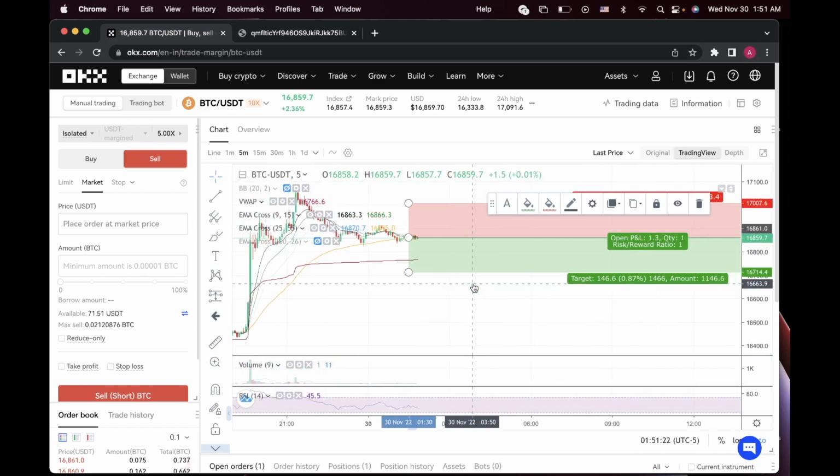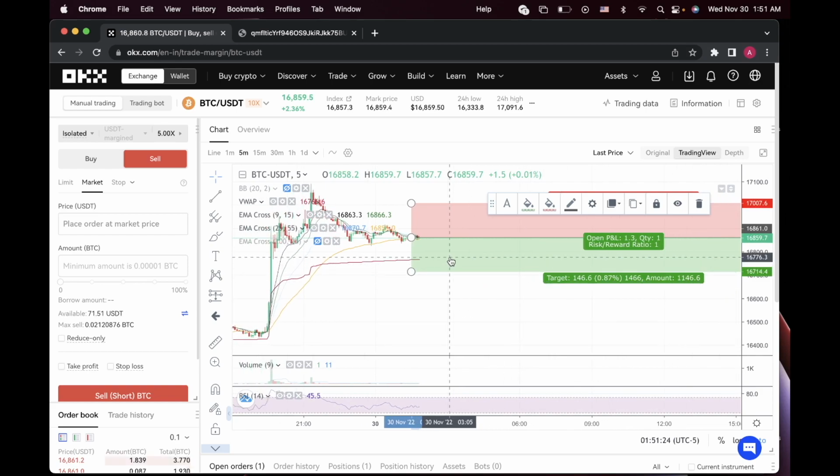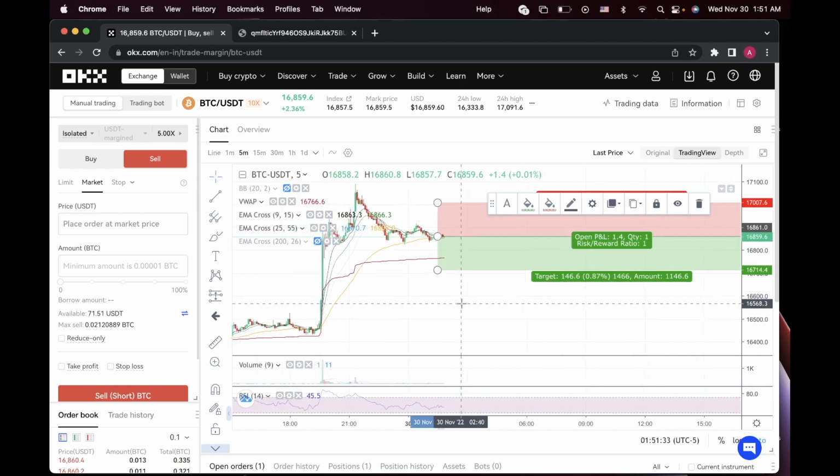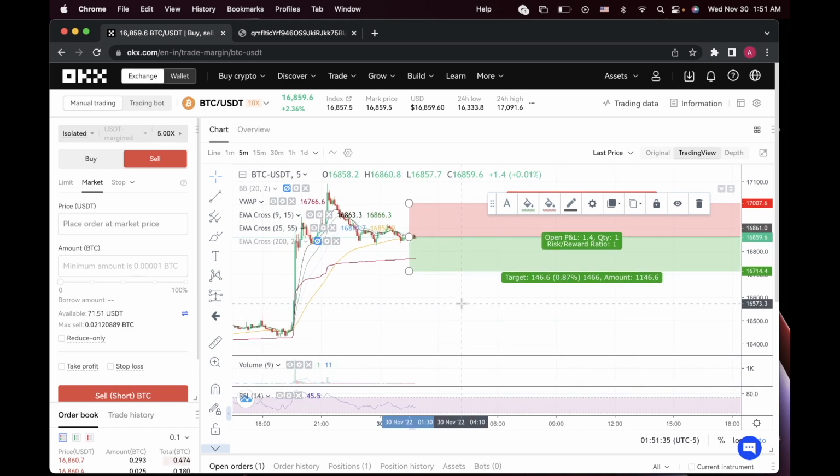And what's the next part? Usually in my strategy, I don't set up a stop loss, because there are different moves of the market, and it can kill your position.